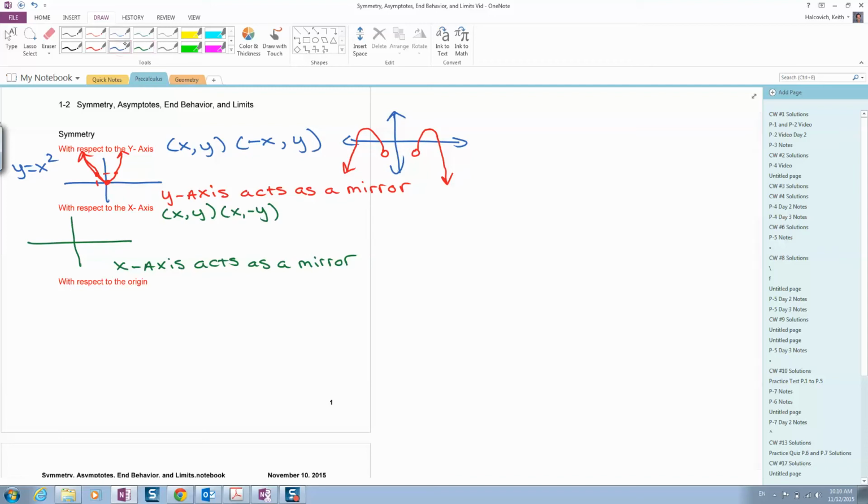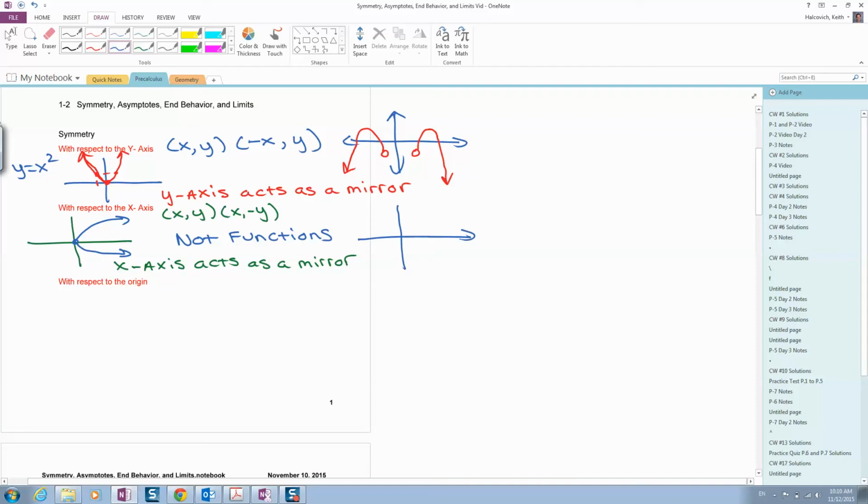So something that looks like this, a sideways parabola, would be symmetric with respect to the x-axis. Notice these are not functions if they're symmetric to the x-axis, because remember, for every x you can only have one y, and this is saying that x has two y's, the positive y and the negative y.